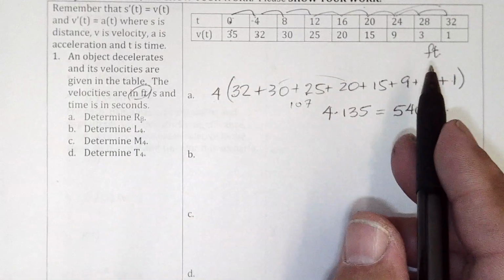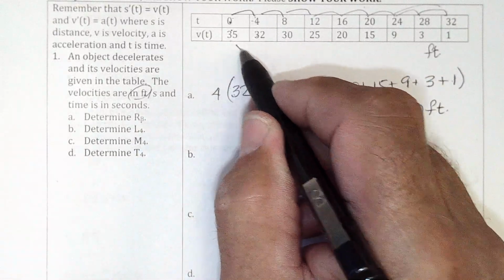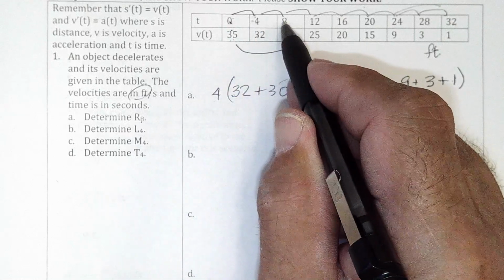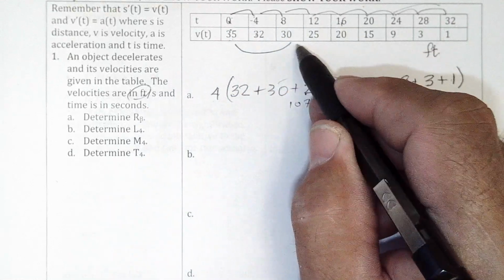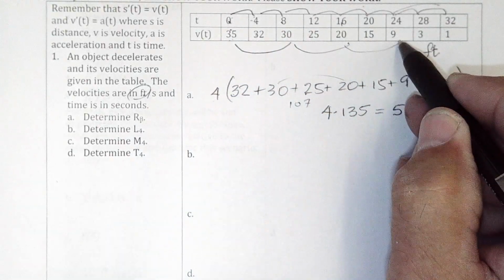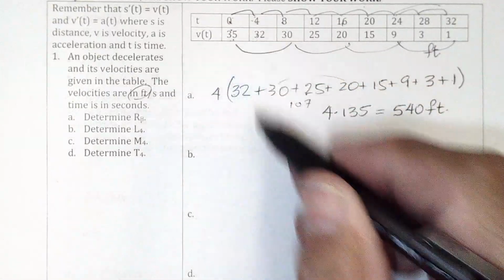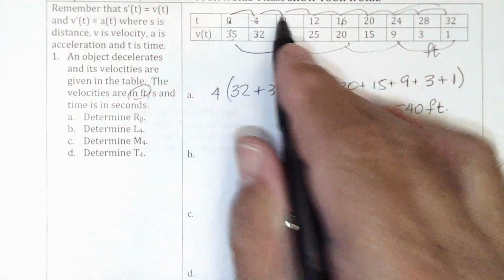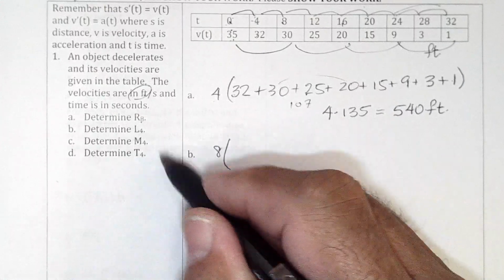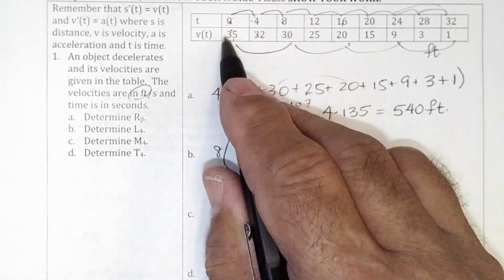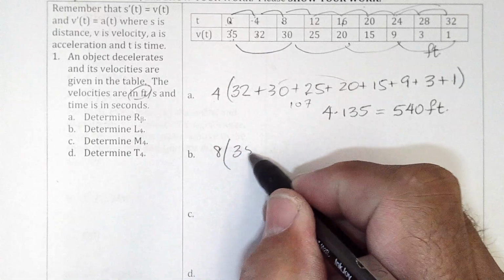Left 4. Well, to make 4 bars, I'm probably going to do from 0 to 8, 8 to 16, 16 to 24, and 24 to 32, and left. So each bar is 8 wide, and the left side of the first one is 35 high.